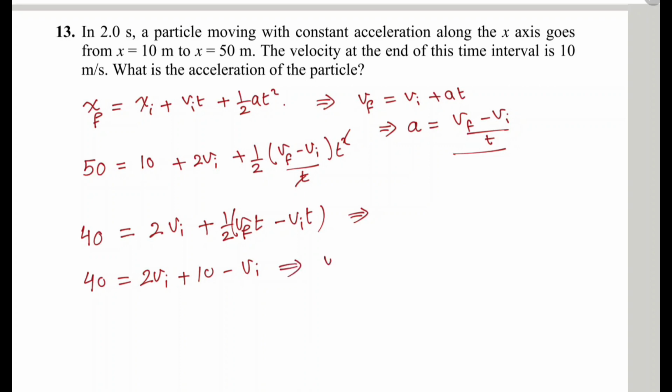In other words, V initial equal to 30 meters per second. You substitute this V initial back, so the acceleration after all will be equal to 10 minus 30 divided by 2, or minus 10 meters per second square.